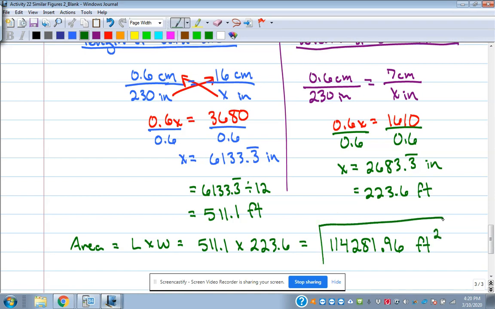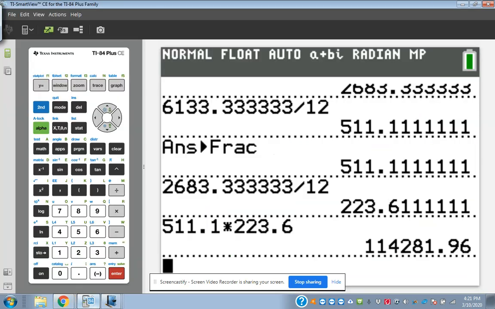Square feet. $114,281, almost 282 square feet. That's a lot of space there. If you wanted to convert that into square miles, I'm just curious.